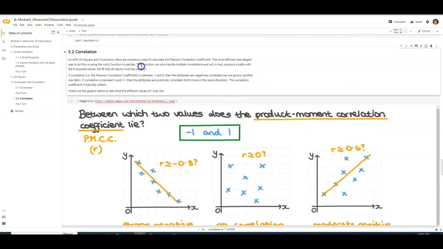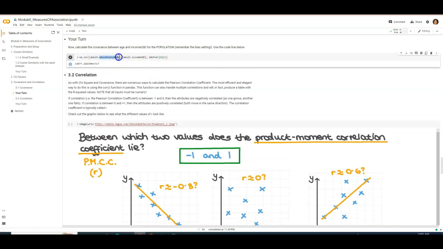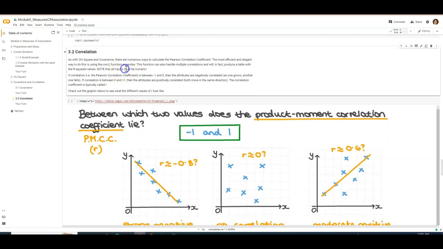So now that we know how covariance behaves, namely we're looking at an increase of 1 in the first attribute, and then we're seeing what the increase or decrease is going to be in the second attribute, let's talk about correlation. Correlation doesn't focus so much on the increase in value, it focuses on the strength of the connection between the two values.